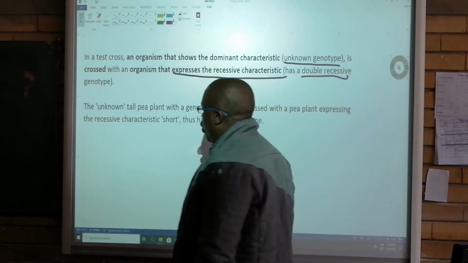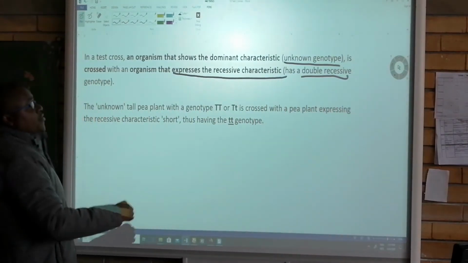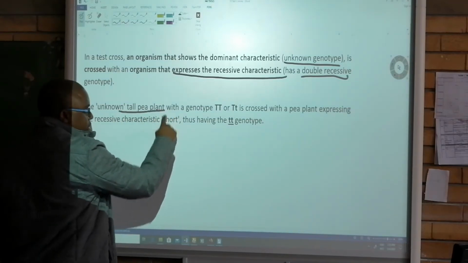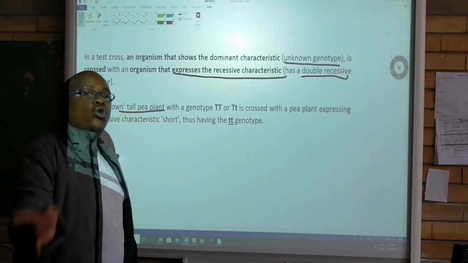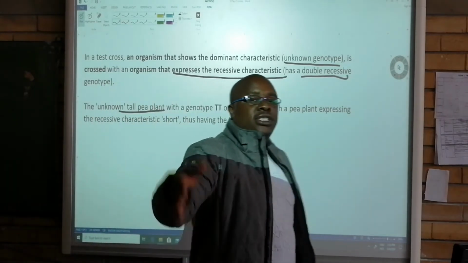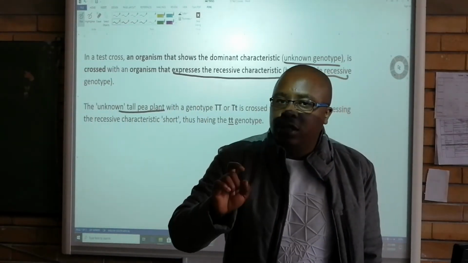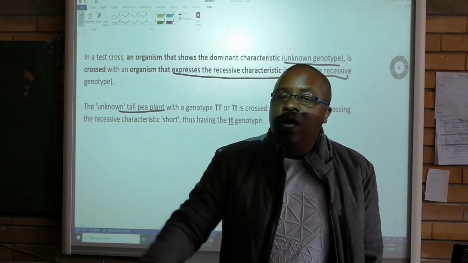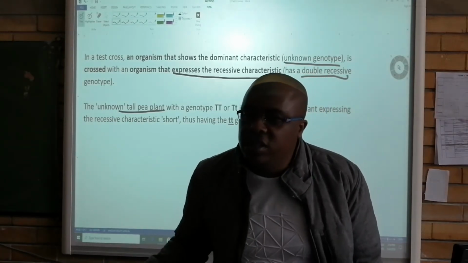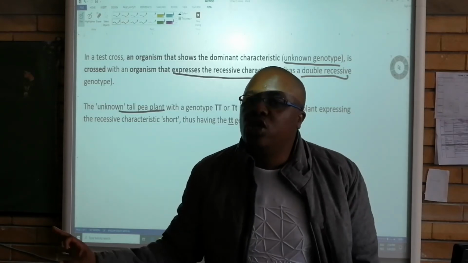Right. So let's say that we have an unknown tall pea plant. We have a tall pea plant. Genotype unknown. What are we going to do? For us to figure out the genotype of the unknown tall pea plant, we are going to cross that unknown tall pea plant with a short pea plant. Why a short pea plant?